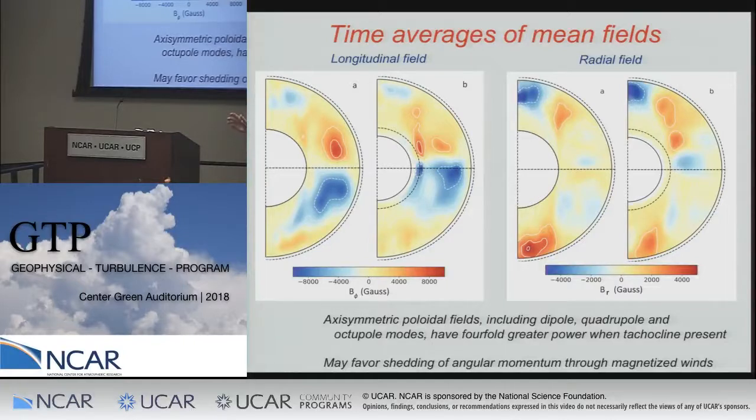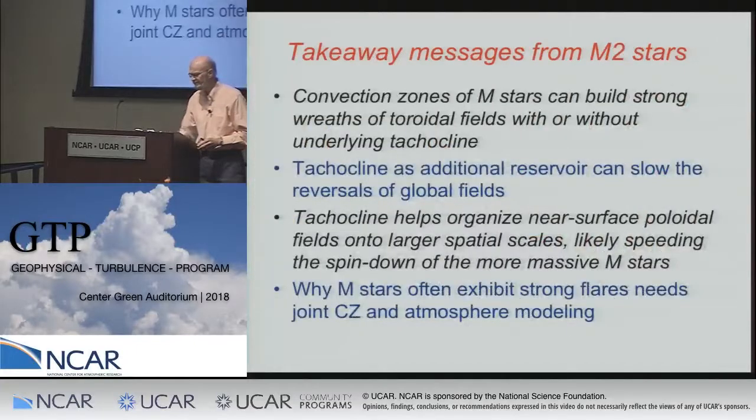And you need something like this to be able to ask, well, why is it that the more massive stars are essentially showing very little magnetic activity compared to the other ones? I mean, only 10% are magnetically active versus 90% for the other ones. So maybe the message from these simulations rests along those lines.